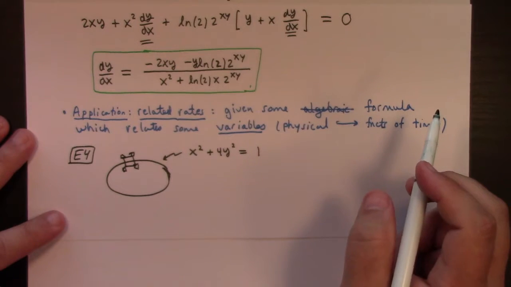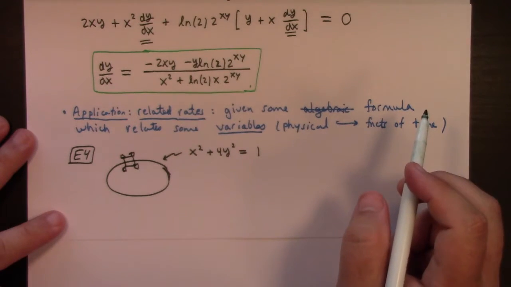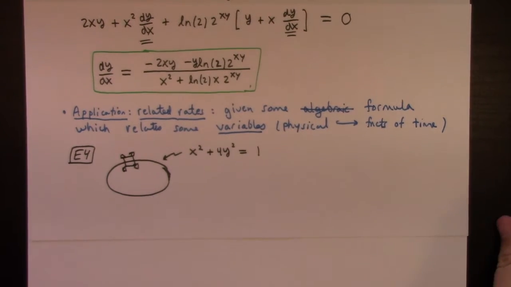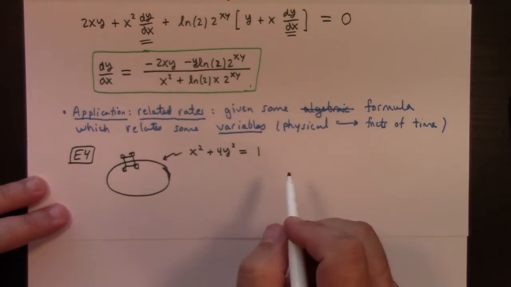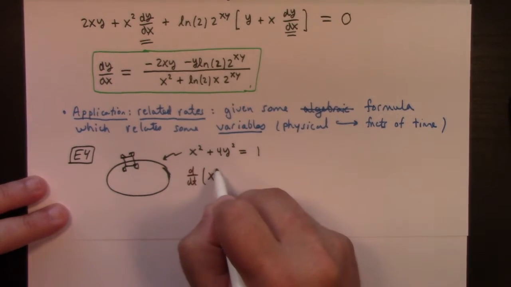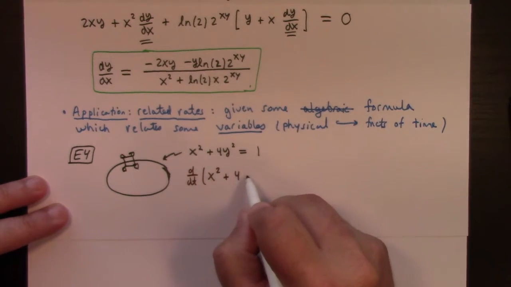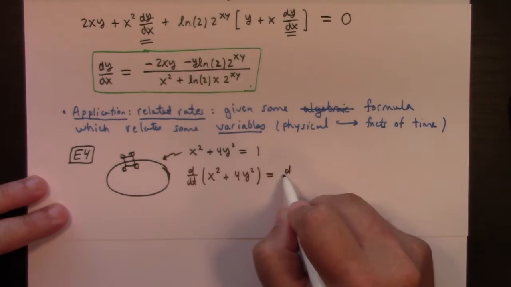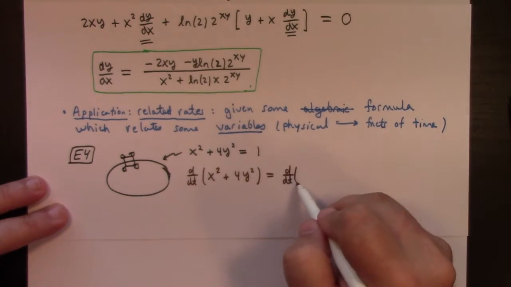Then you can ask the question, how are the x and y velocity related? It's pretty simple. All you got to do is differentiate this with respect to time, and the way you do that is implicit differentiation, because you don't know x and y as functions of time. All you know is that they are functions of time.